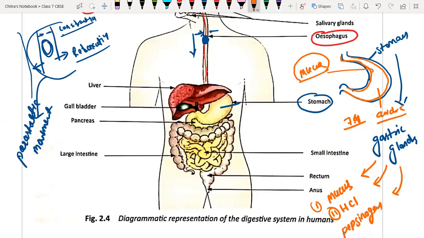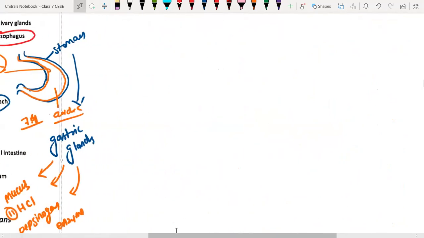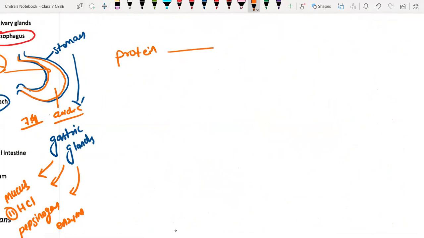Pepsinogen is a digestive enzyme. Let me show you that part over here. In the stomach we have protein in the food. First we have pepsinogen, which is the inactive form of the enzyme.